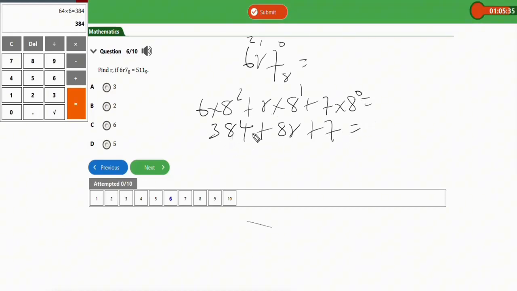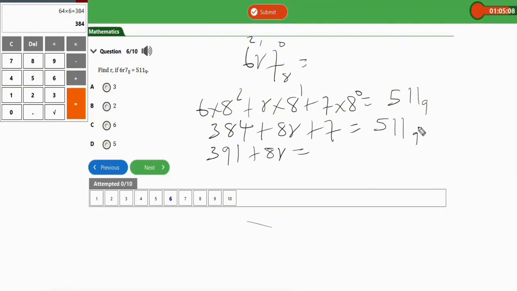So when you add the like terms, that's 384 plus this value we have here. So this is going to give you 391. You're going to have 391 plus 8r equals, remember we have 511 base 9.